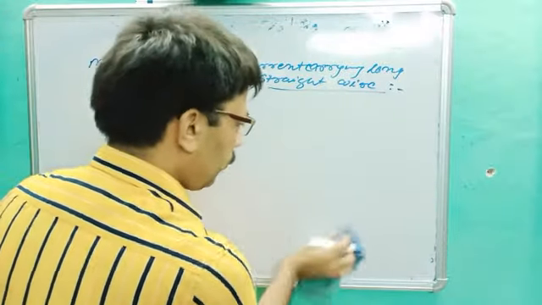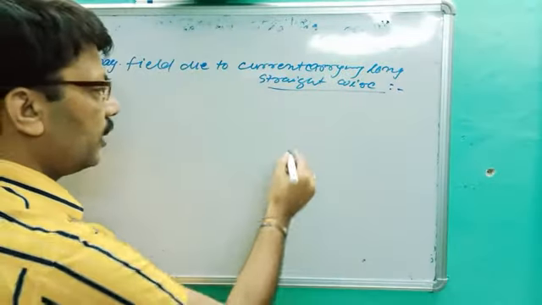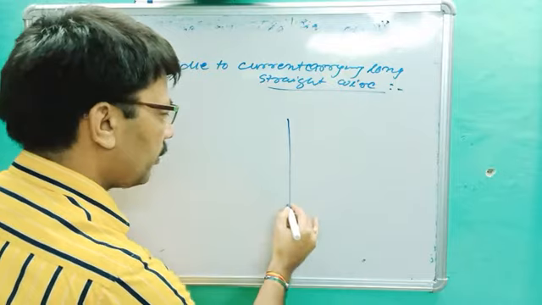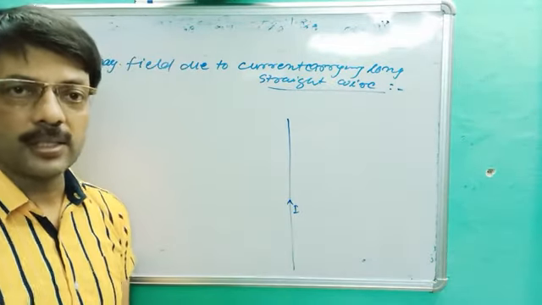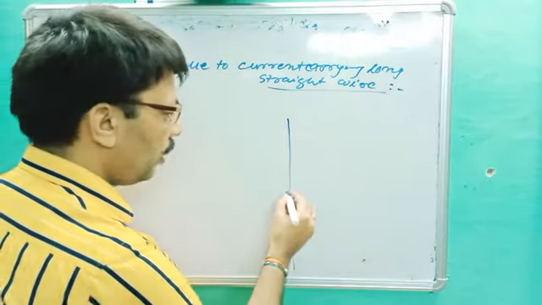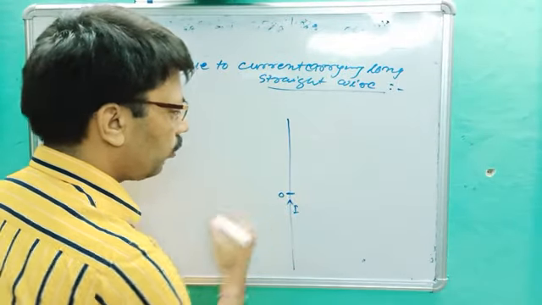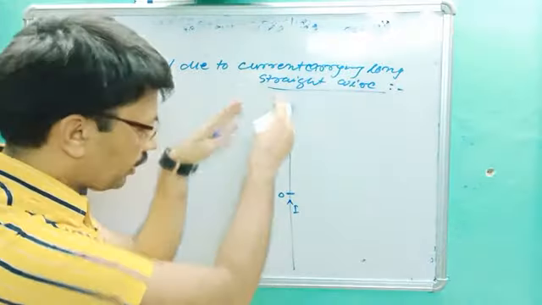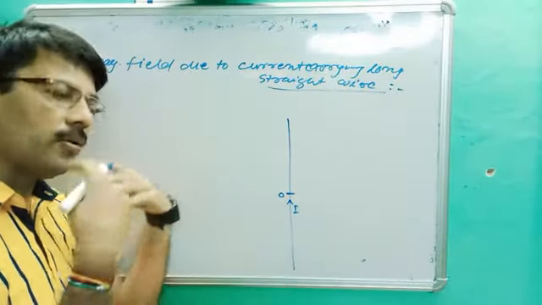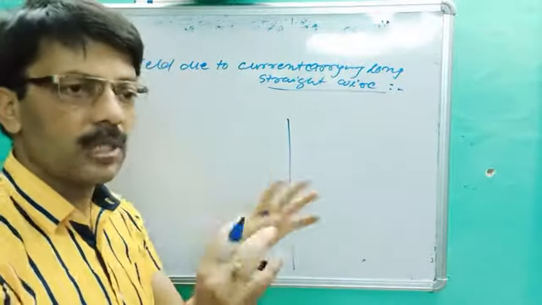According to the question, first, this is the long straight wire. Flowing current is I, an infinite long straight wire. We will discuss the wire from the midpoint O. If you want, you can take any point here and there, but then the formula will be different.